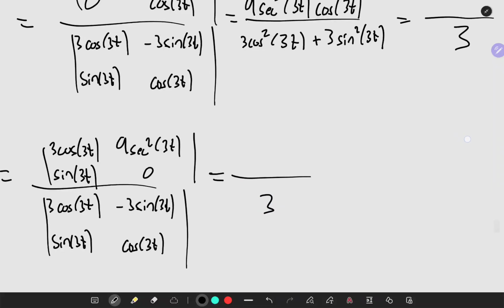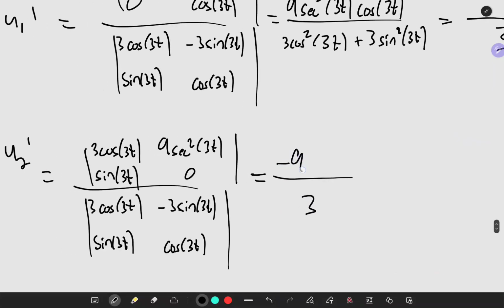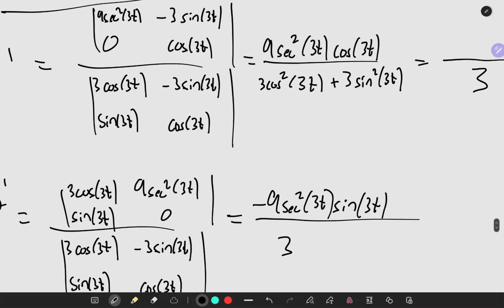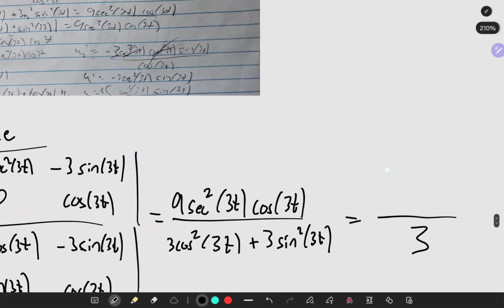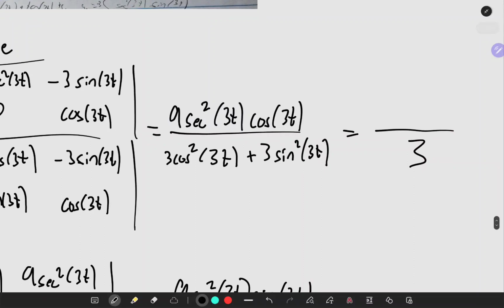The numerator is -9 secant squared 3t times sine of 3t. Well, secant, let me think. Secant is 1 over cosine. Right? So I can see how to simplify this first one. So if secant is 1 over cosine, I think it is. Let me just check that.